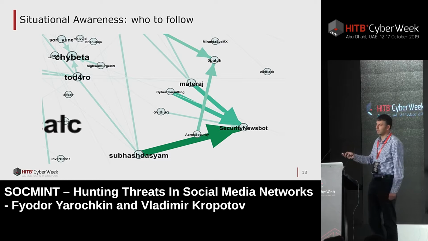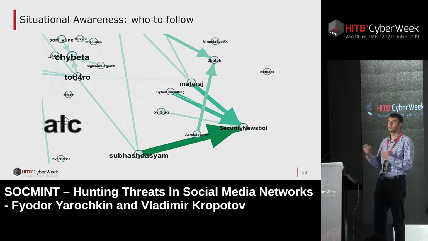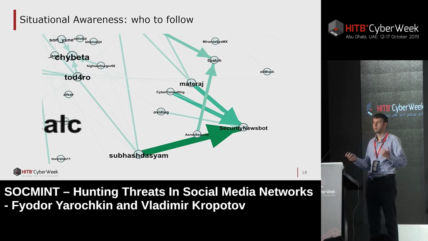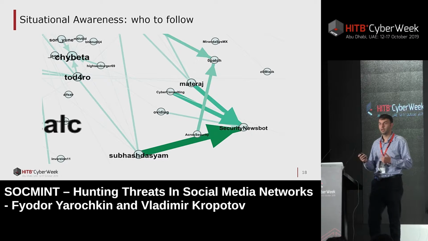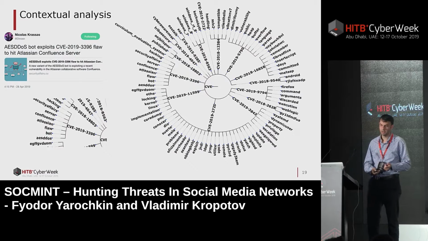So instead of following 10 accounts, you can follow one particular account which will show you almost the same feed at about the same time. So you can save time in analyzing the data discussed at a particular time.